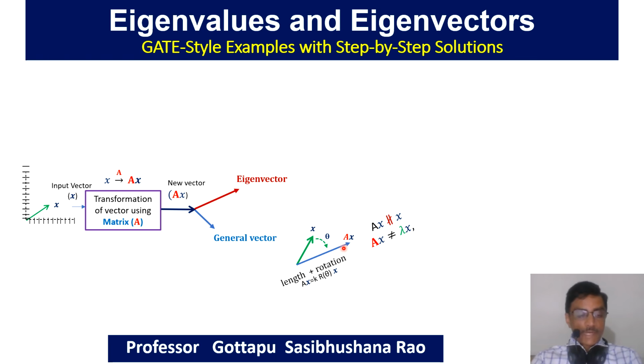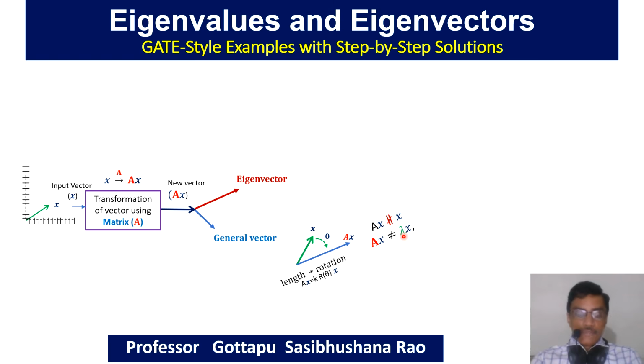So the transformed vector Ax is not parallel to the original vector x. Therefore, Ax is not equal to a scalar multiple of x, or Ax is not equal to lambda x. This is the general case where the direction line is not preserved.